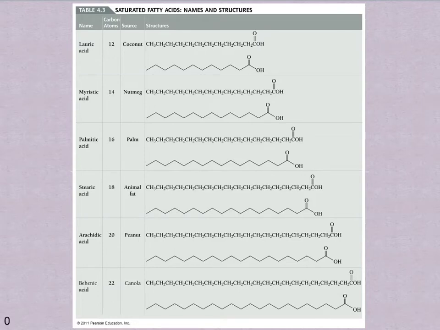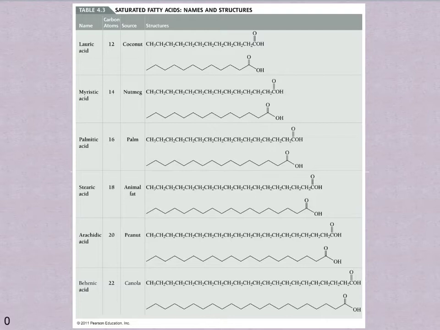So in this table, we actually see a whole list of saturated fatty acids. You do not need to memorize them. It's just given here as some examples. One thing to notice is that there tend to be even numbers of carbon atoms, and we'll get into how fats break down in our body later on in the course, and we'll see why that pairing of carbon atoms is important.